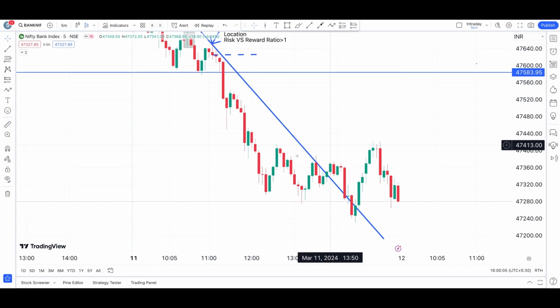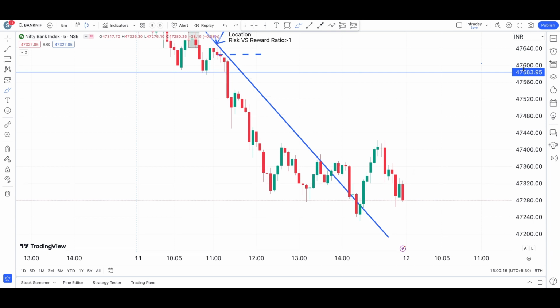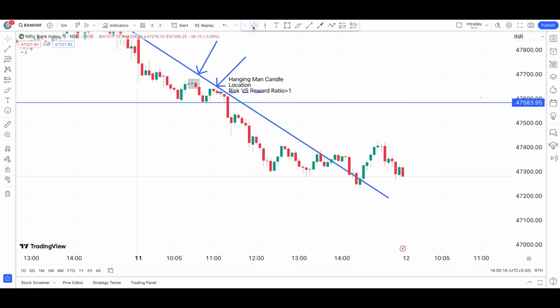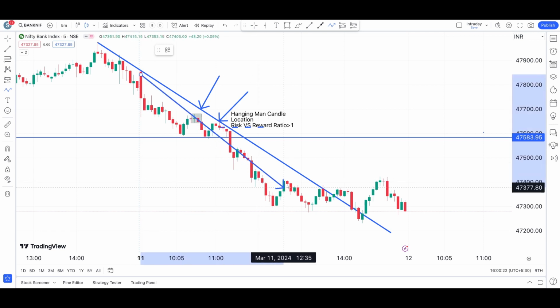But it's too late to take an entry here at 130, because you are already sitting in your second half, and the market has already given you drastic momentum starting from there till here.